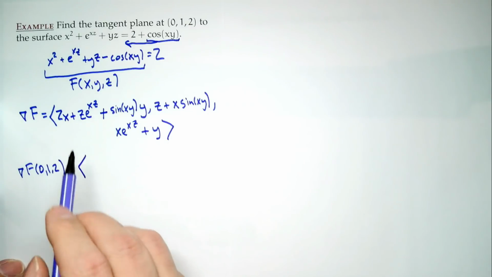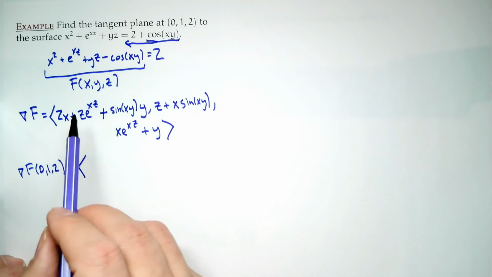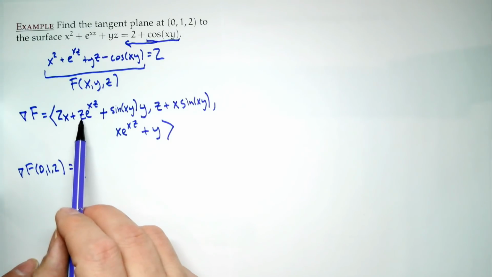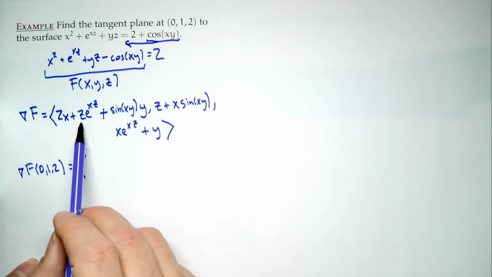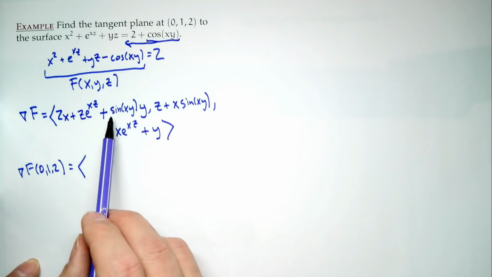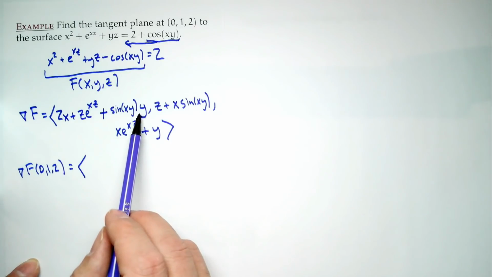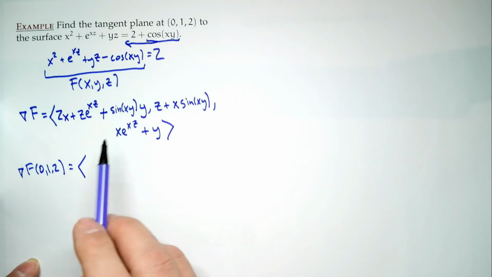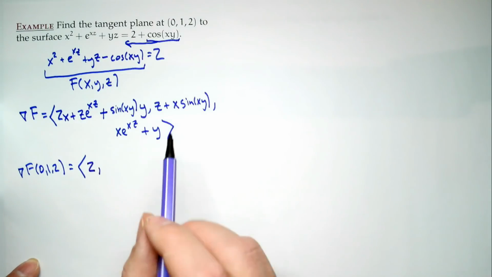Well, 2 times 0, 0, that's good. Then I have z, which is 2, times e to the 0. So that'll be 2, because 2 times e to 0 is 1. Then I'm going to have sine of 0 times 1 to be 0. So the first entry is 2. Go to the second entry.